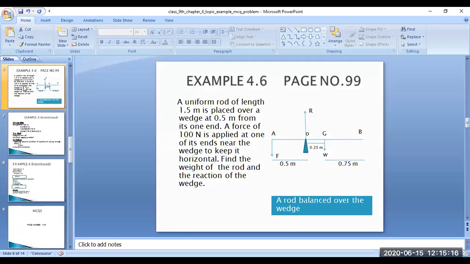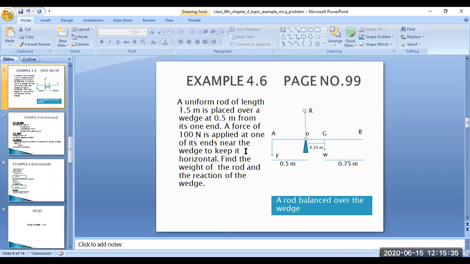If I go back to this slide, I am taking the torque about O. This force can move the body in anti-clockwise direction, and this force can also move the body in anti-clockwise direction. This is the only force which is moving the body in clockwise direction.